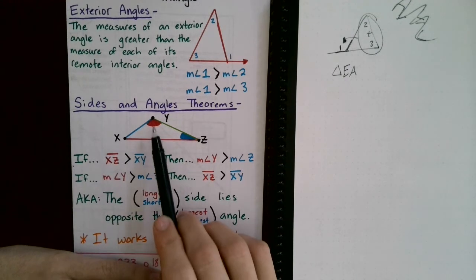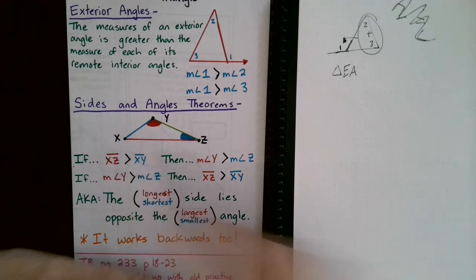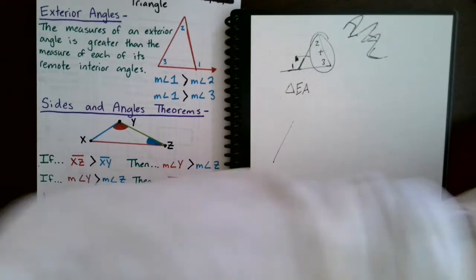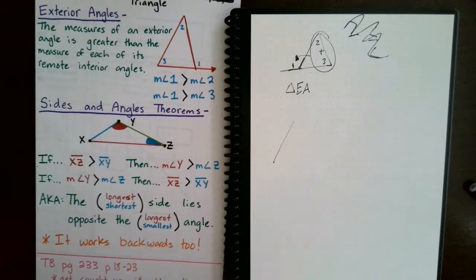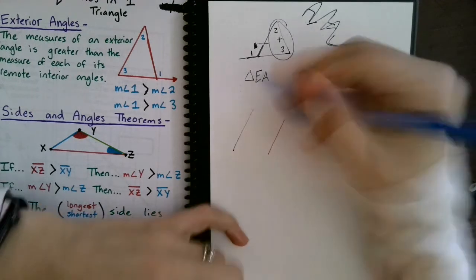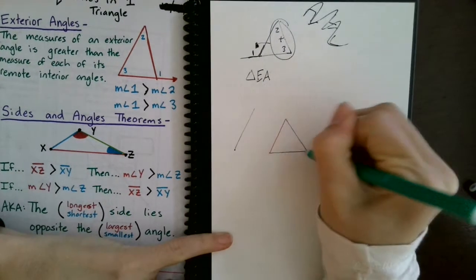If the angle y is bigger than angle z, then the sides opposite of it, remember opposite, okay, let me draw this out in some different colors for you guys. If I have a triangle, okay, red, blue, and green. I don't know if you guys can see the color difference here. Let me zoom in.